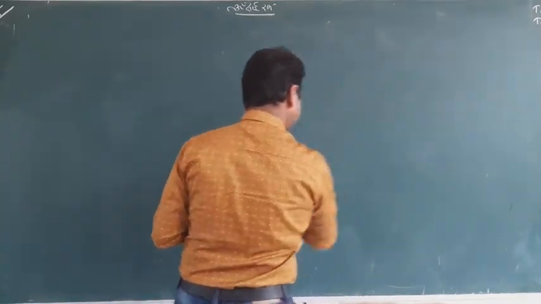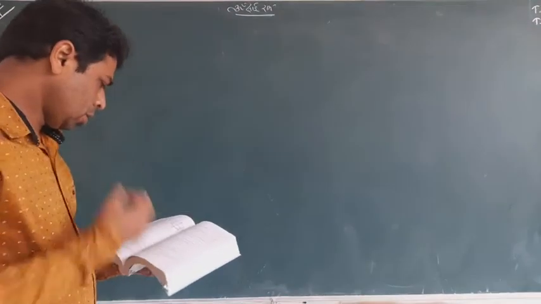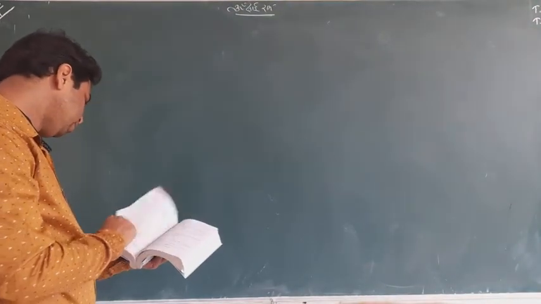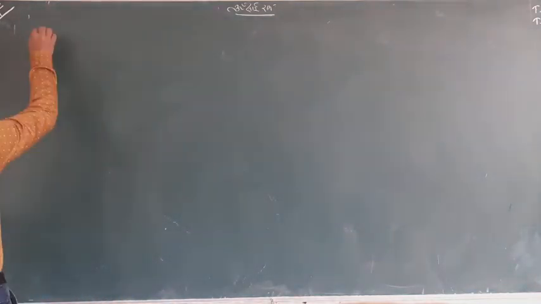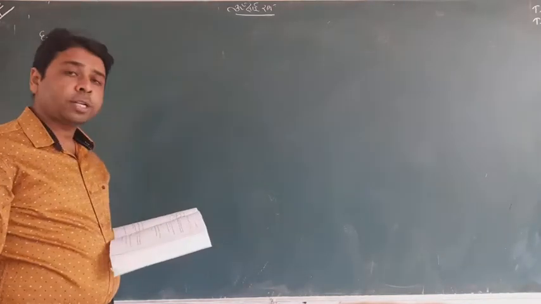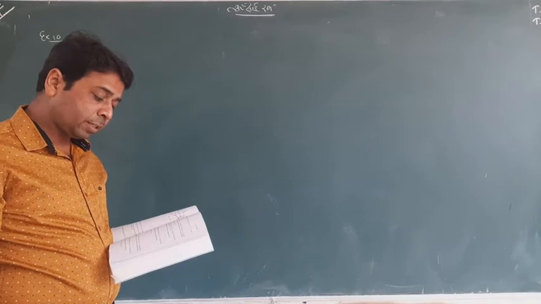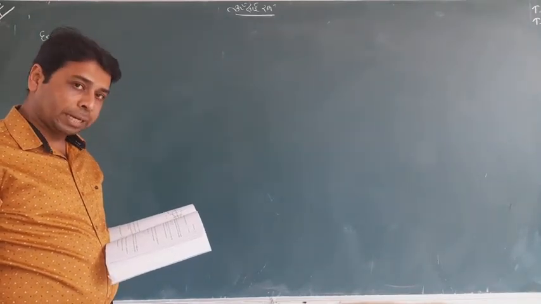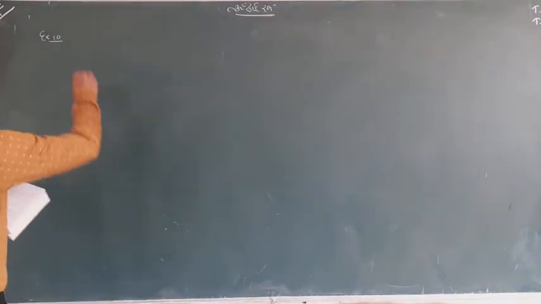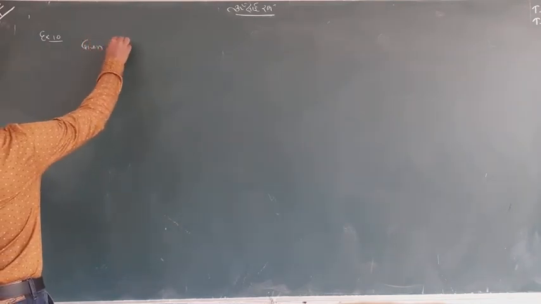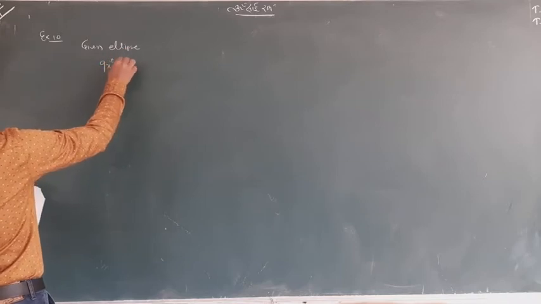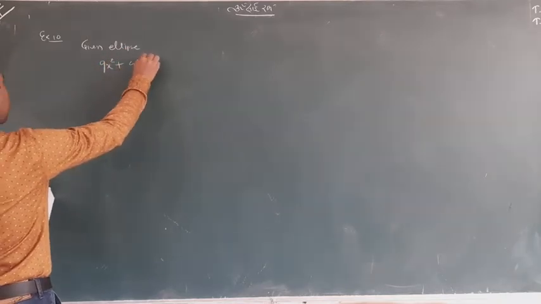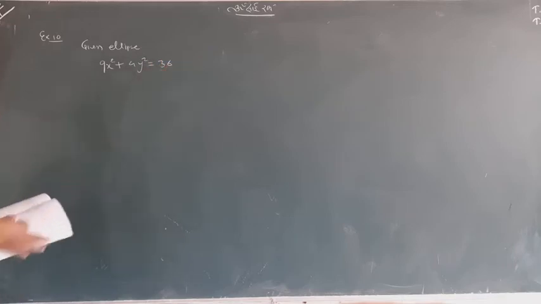So let's start with some examples. Example number 10 onward. The question is: find the coordinates of foci, vertices, length of major axis, minor axis, and eccentricity for the ellipse 9x square plus 4y square equal to 36.